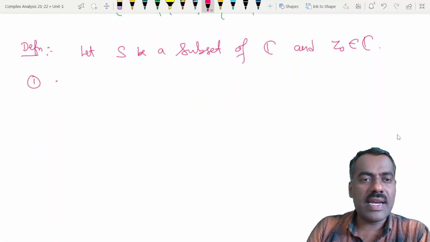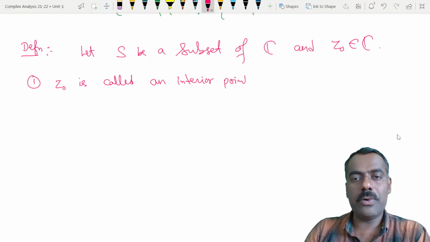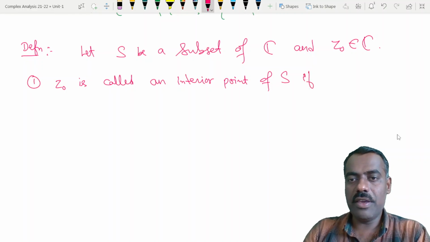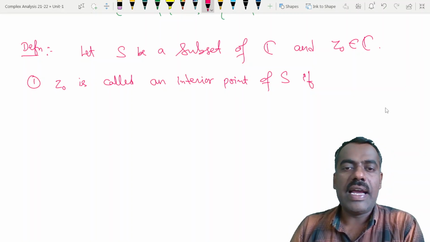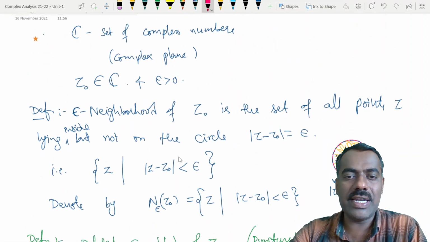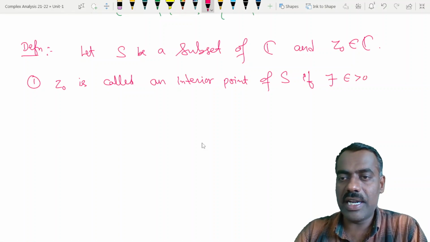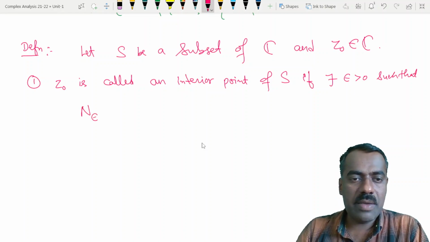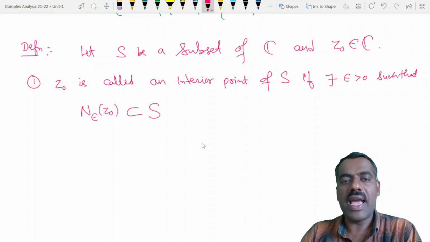Then this Z naught is called an interior point of S if, what should be the definition? If there should exist some epsilon neighborhood of Z naught which is completely inside S. That is, there exists some epsilon greater than 0 such that this N epsilon Z naught, the epsilon neighborhood of Z naught, is completely sitting inside S.